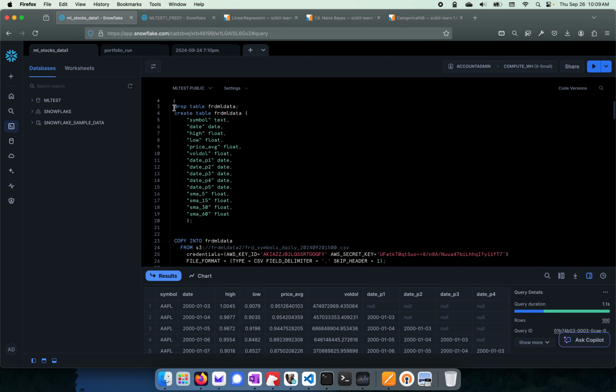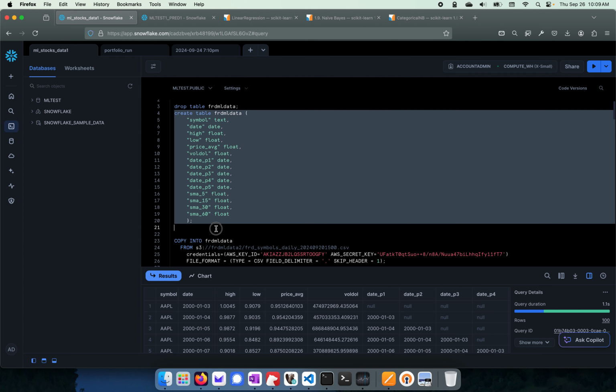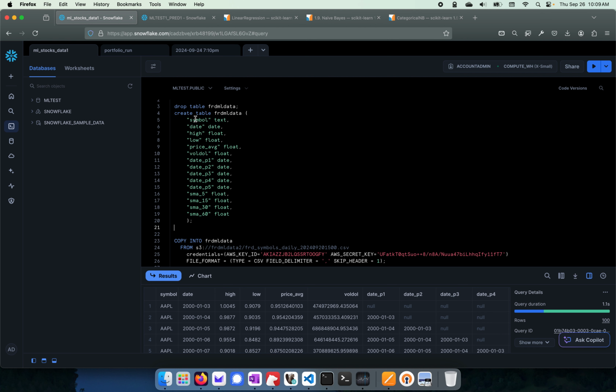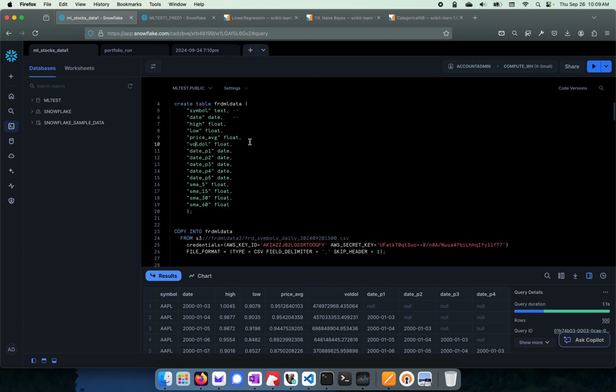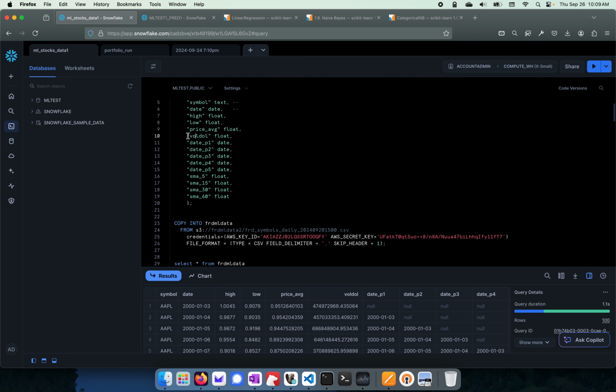So the first thing that I did is I created this table, and I have the symbol and the dates. These would be the primary keys of my table, or unique row identifier. I have the high and low for the day, the average price the stock was traded, the average volume traded in dollars, and this is adjusted for historical stocks.